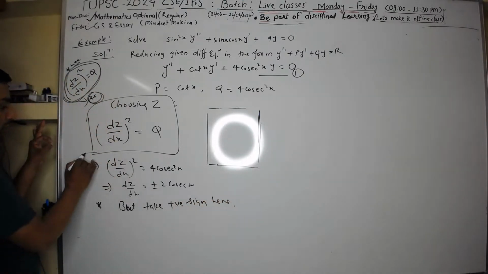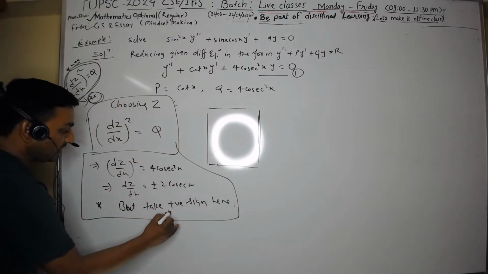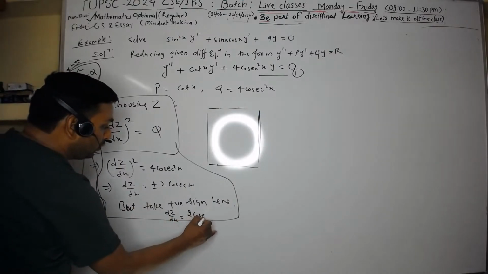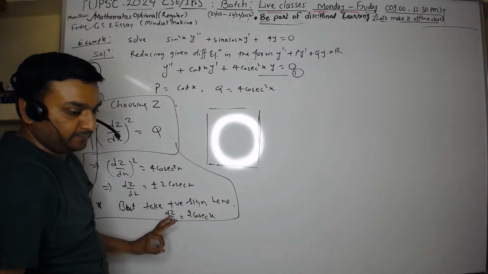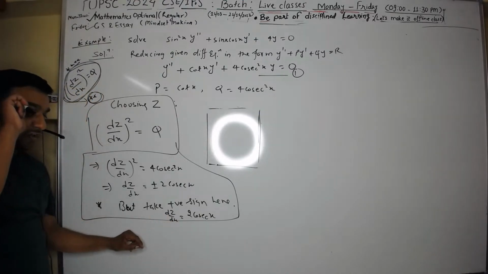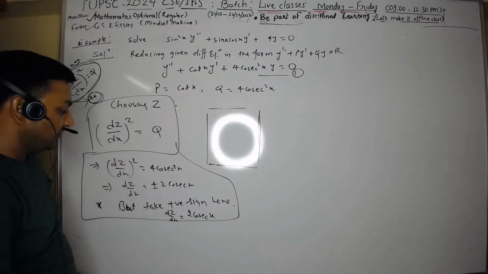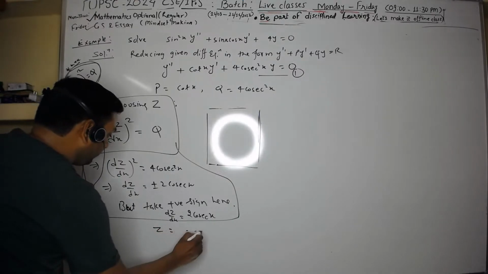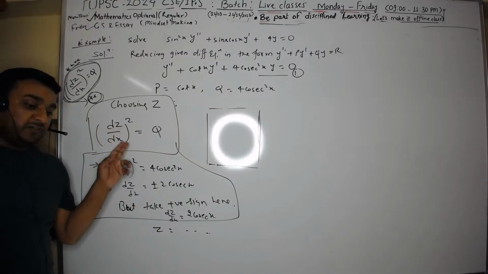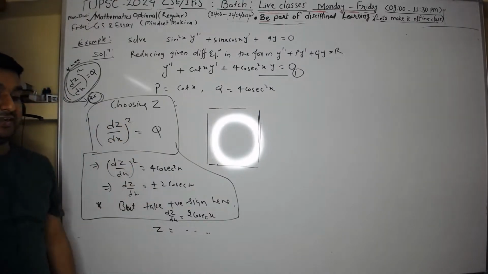So now the process is complete. It means you have chosen z where dz over dx is 2 cosec x. Is that clear? So if dz over dx is 2 cosec x, then what is z? Tell me. Please focus on this procedure, otherwise you won't be able to get that z.